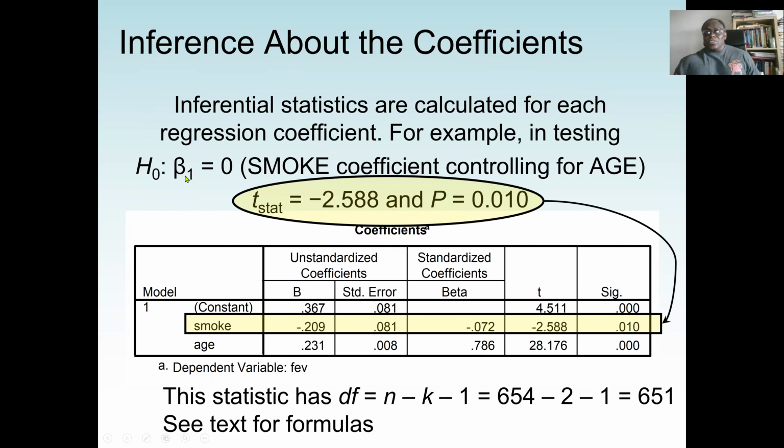So we have to test the slope. We have H0: B1 equals 0. This means we're testing the slope for smoke, and we also have to do the same thing for age. Using SPSS, we get the t-stat to be negative 2.588, and the p-value gives me 0.010.